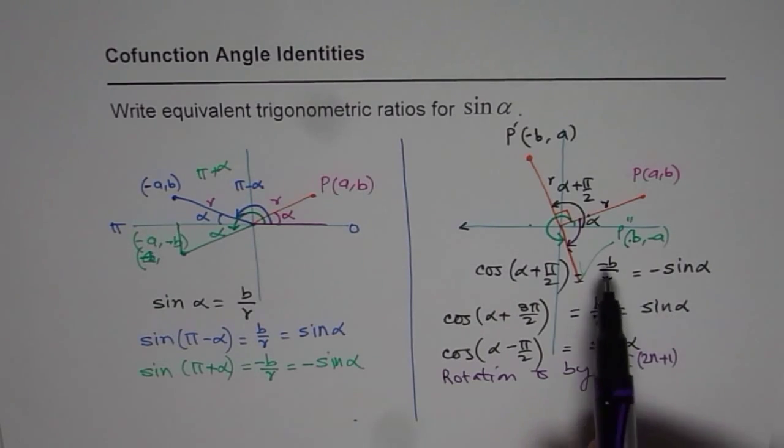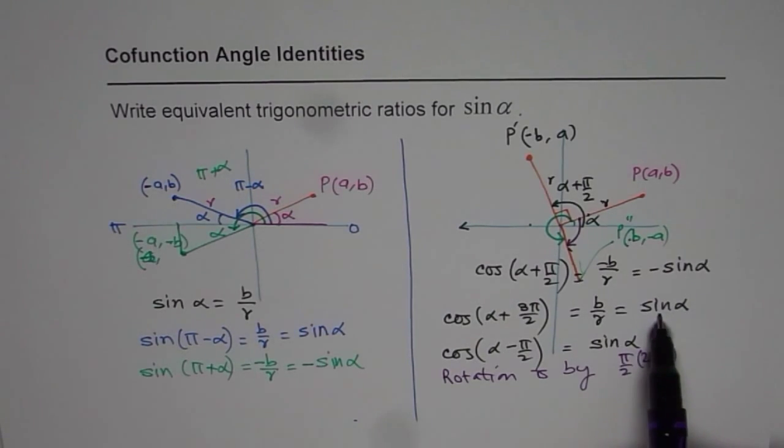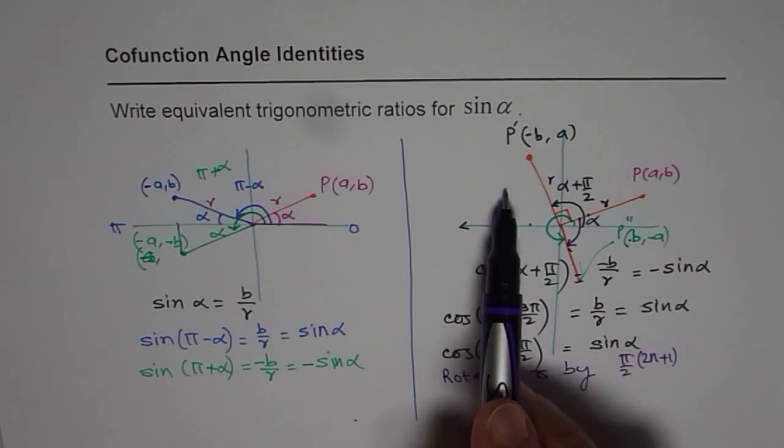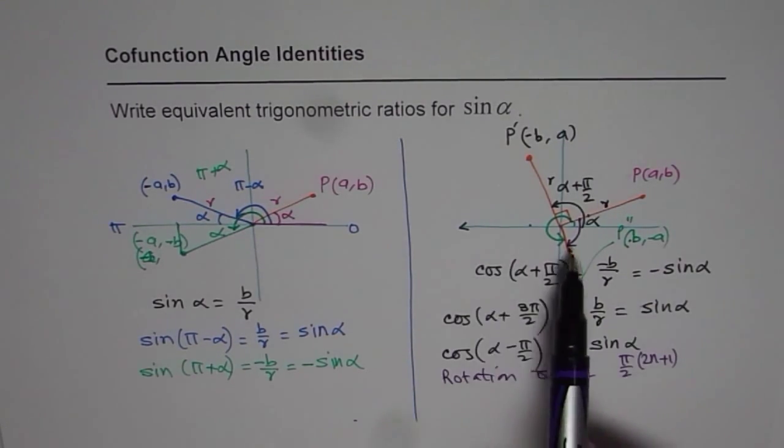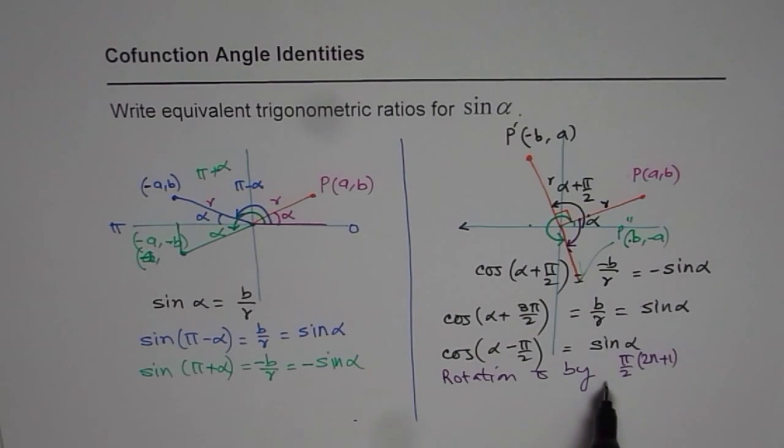If you are in quadrant 4, it is going to be plus sine alpha. If you are in quadrant 2, it is going to be minus sine alpha. Do you see that? So that is how you can summarize your learnings.